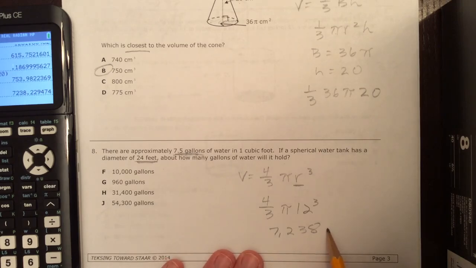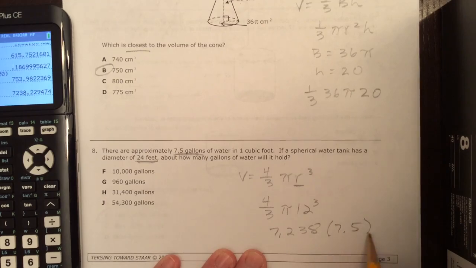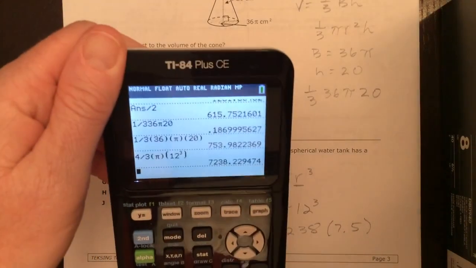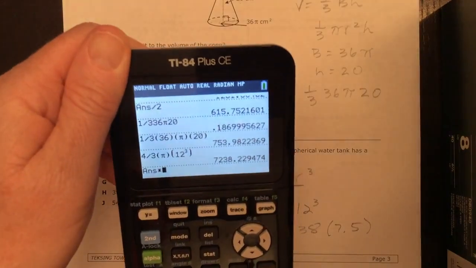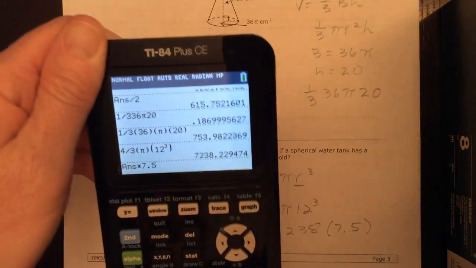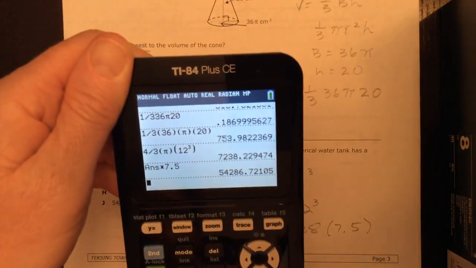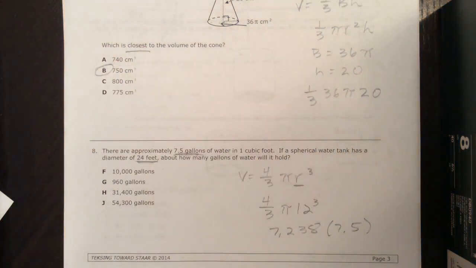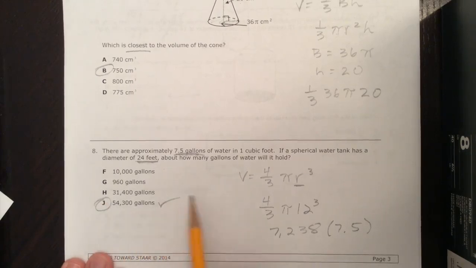We need to multiply this by 7.5. So let's see what we get. Times 7.5. Enter. We get 54,286. So the closest answer is J. Okay?